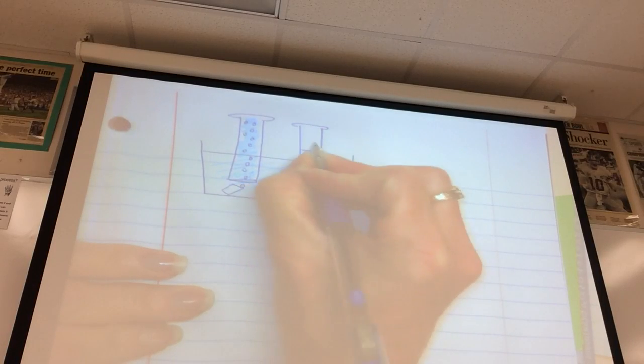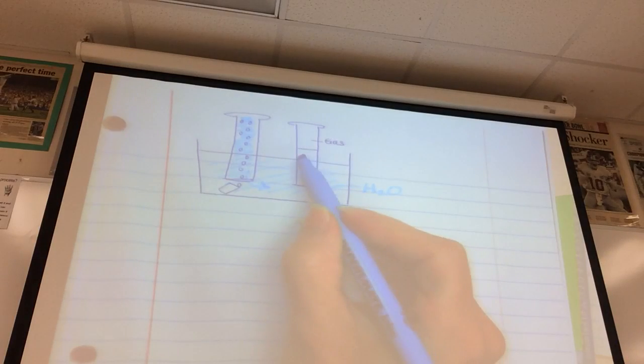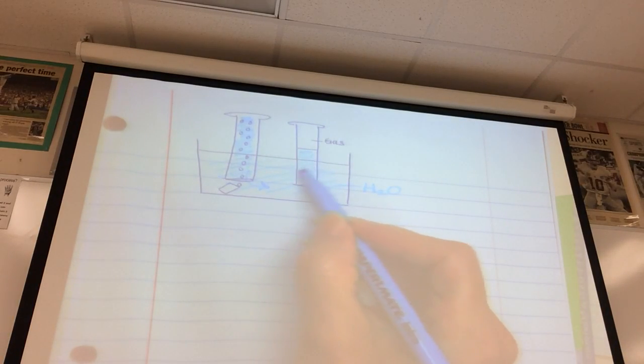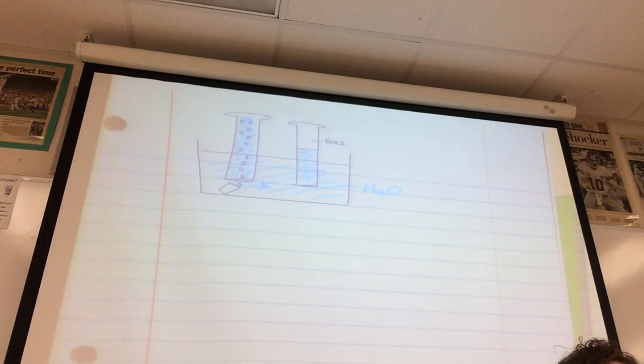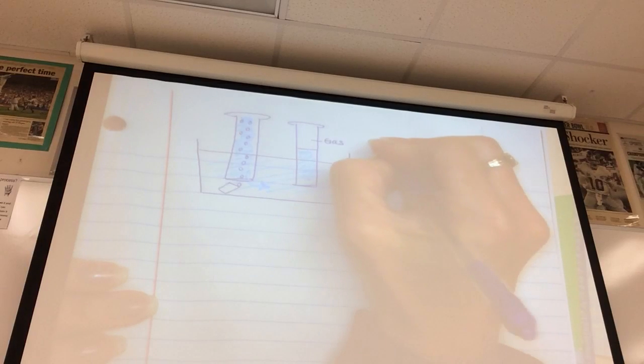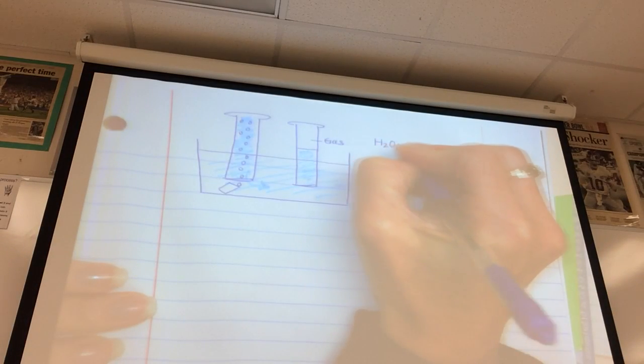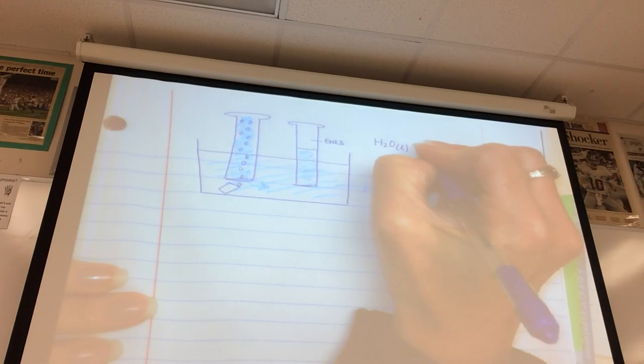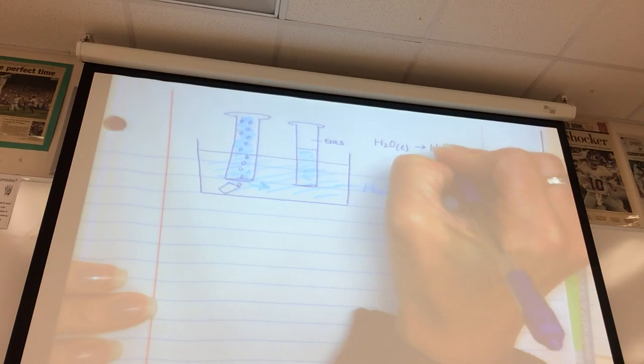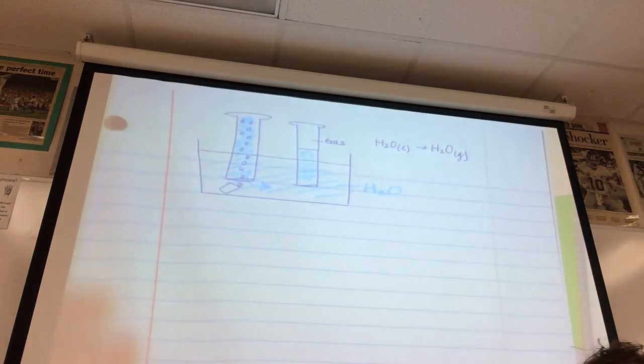So this will be the gas, and this will be the water. However, in addition to the gas you want, you also collect a little water vapor, because water in the liquid state will vaporize, forming water in the gaseous state, which is water vapor.